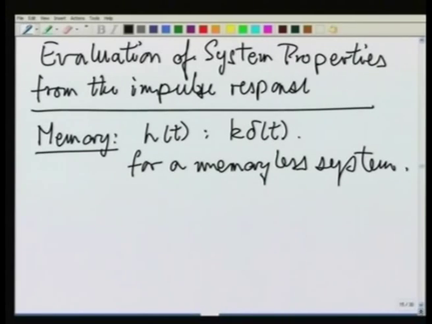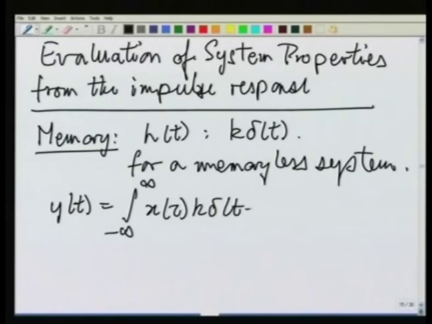This is very easy to demonstrate. We will use the convolution expression and just write it out as y(t) equals the integral from minus infinity to plus infinity of x(tau) k delta(t minus tau) d tau.